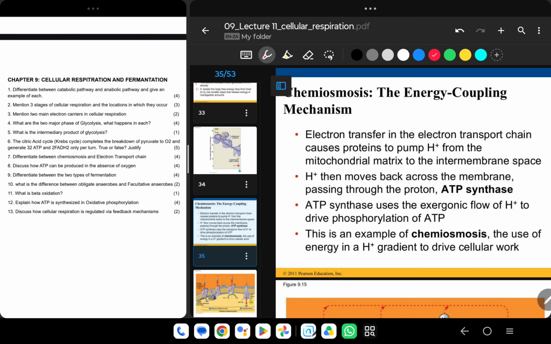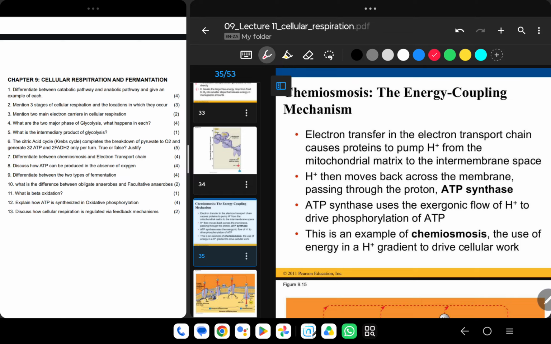This ATP synthase uses the exergonic flow of H plus ions to drive phosphorylation of ADP, and by so doing it generates ATP. So basically, chemiosmosis is for ATP synthesis and the electron transport chain is for production of H2O. That's the difference.